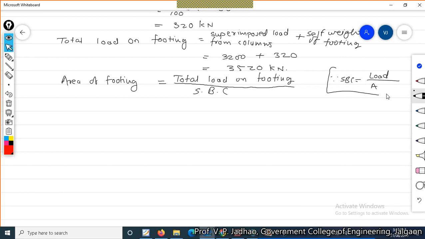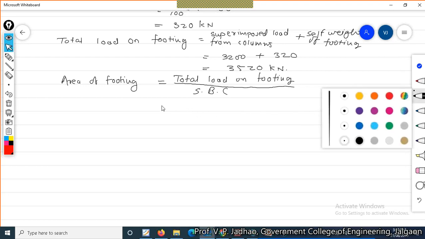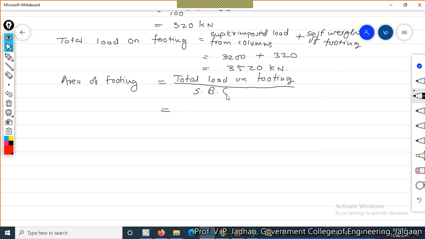So we have the total load on footing equal to 3,520.